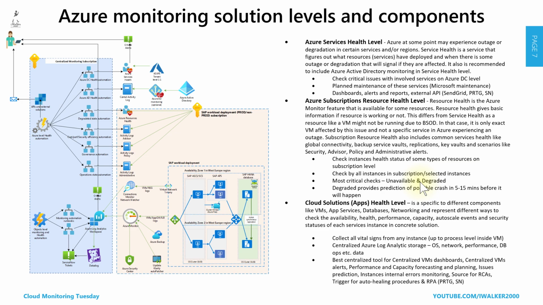We can check different scenarios. Plus, on the subscription level, we have a lot of activity logs: activity logs for Advisor, for policy, for administrative access operations, scales, auto scales, availability tests, Azure Active Directory.